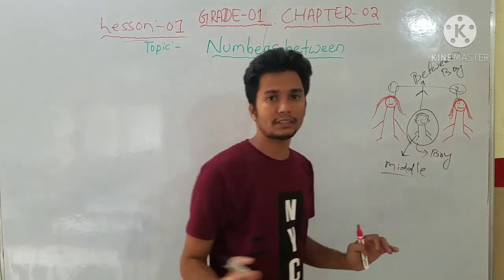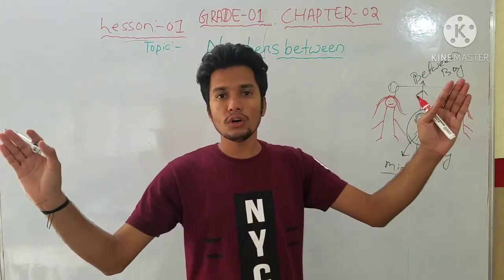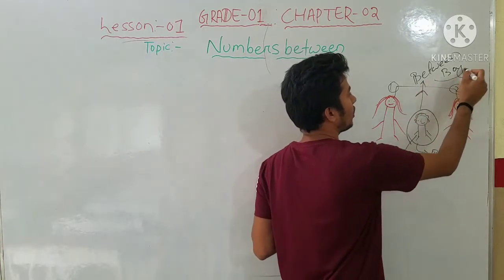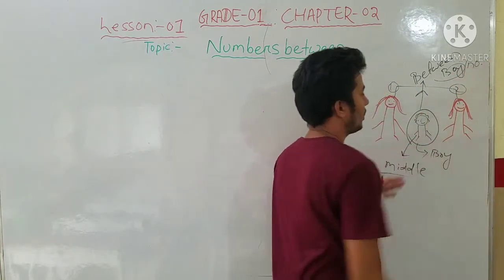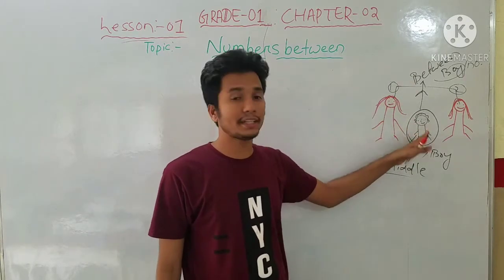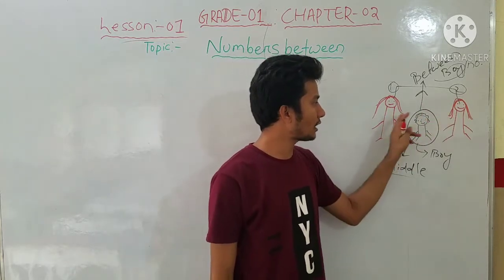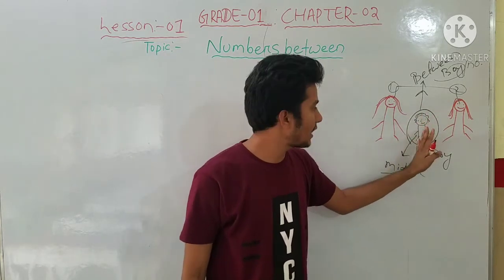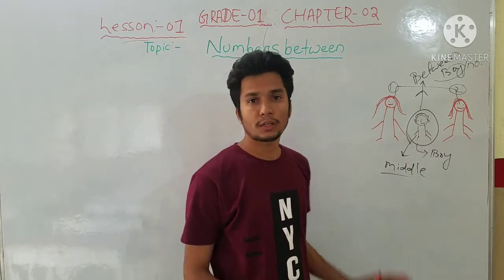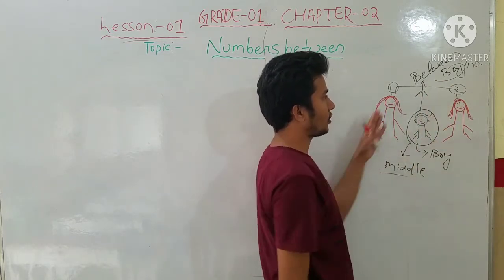That means, students, whoever is standing or sitting between two numbers or two things, we can say between boy or between numbers. The boy is standing in the middle of the two girls, so we say the between boy.